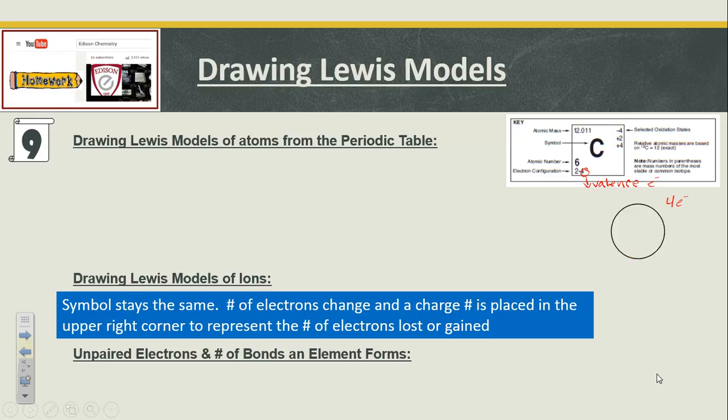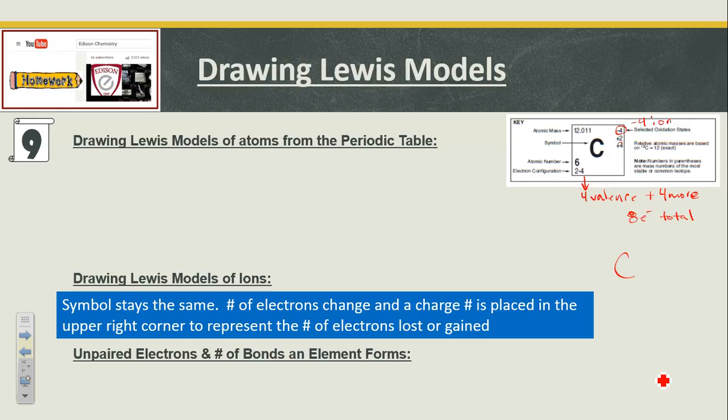So let us imagine the carbon -4 ion. We're going to do that one, which means it picked up 4 electrons. So we'll put the symbol down normally. And since we had 4 valence, and we added 4 more because it's a -4 ion, we have a total of 8 electrons to deal with.